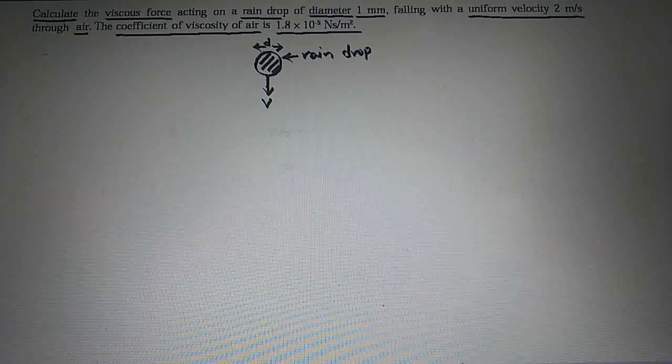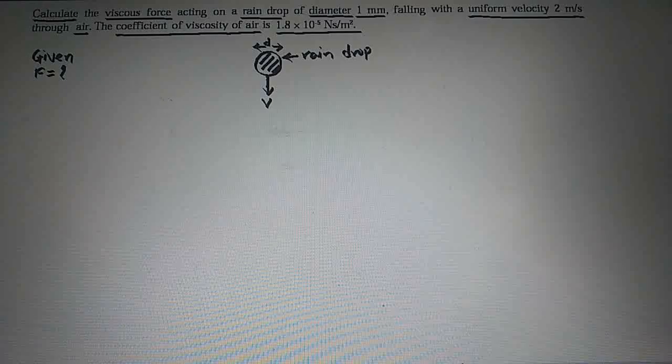So first of all, we will write, given here, we have to find out viscous force, that will be denoted by F here, acting on a raindrop of diameter 1 mm. So diameter is given, that is 1 mm.